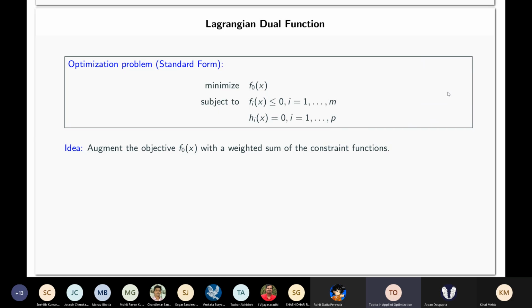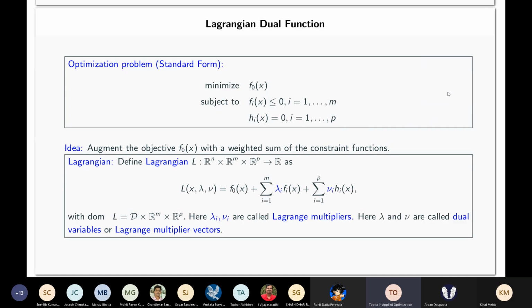So in general, the Lagrangian in the general case will involve all this. It will involve the inequality constraint and the equality constraint, and I will have a parameter with respect to the inequality constraint and a parameter with respect to the equality constraint.